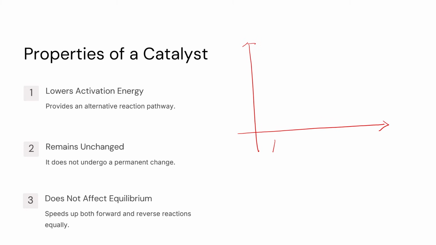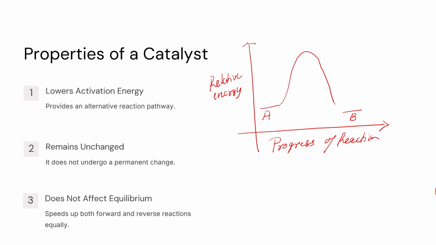Now, again, suppose I plot the progress of the reaction against relative energy. Suppose I have a reactant A, and I want to convert it into product B. I need to supply certain energy so that it can cross the energy barrier in the absence of the catalyst. Let me say the activation energy required in this case is EA.